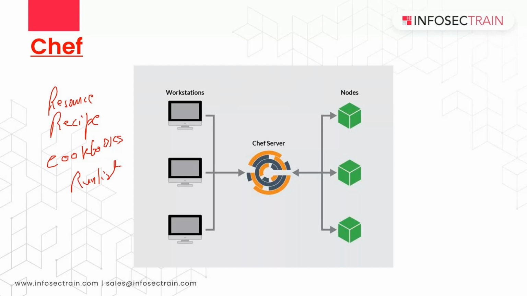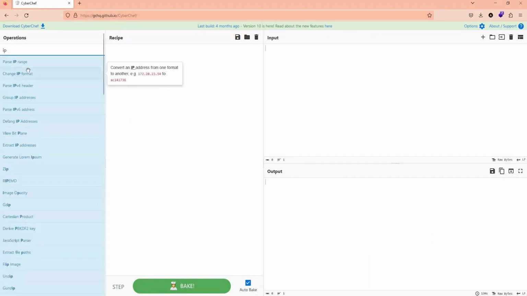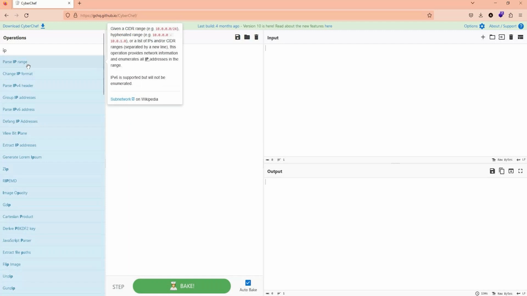Now, one example of chef, if I show you, that we generally use, is CyberChef. Now, here you can see recipe, input, output. Now, if I search for any operation, let's say parse IP range, right?